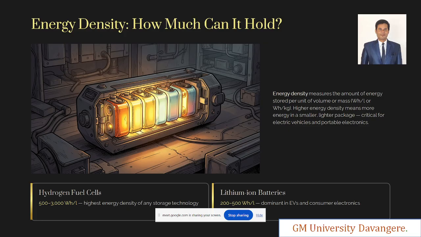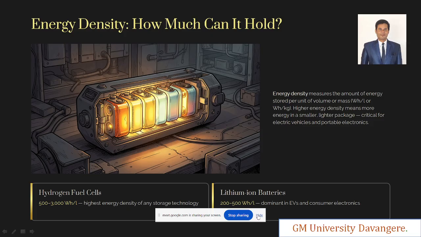Higher energy density means more energy in a smaller or lighter package, right? We'll see how energy density matters in batteries, right? We have taken the example of lithium batteries, and also hydrogen fuel cells, where we have given the example of 500 to 3000, and here also we have 200 to 5000 watt hours, right?